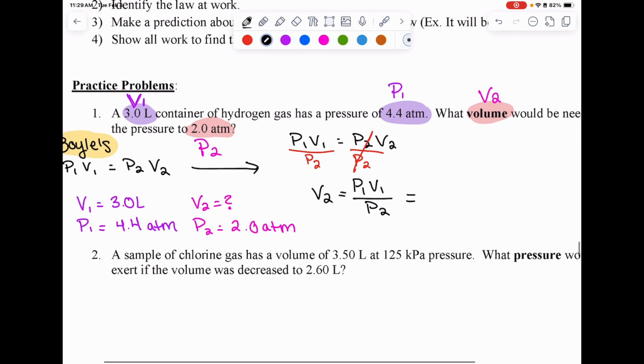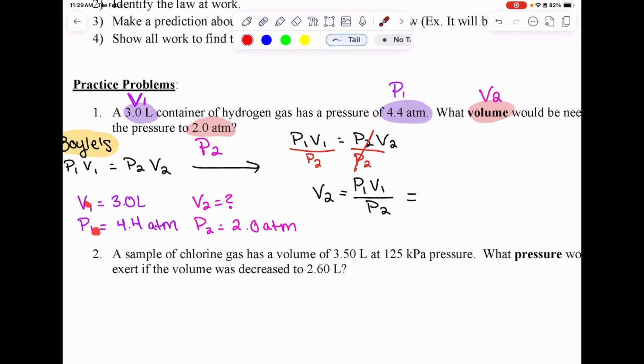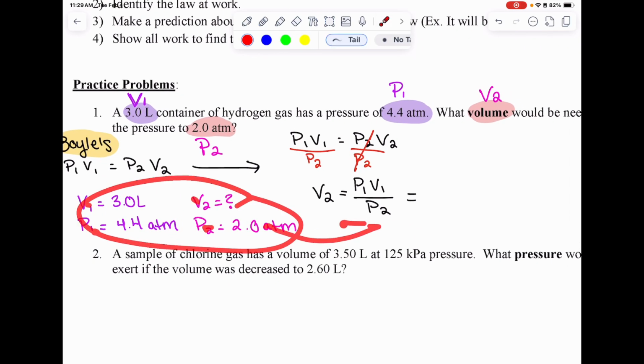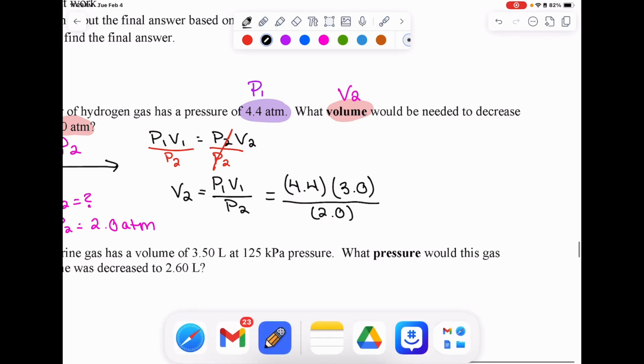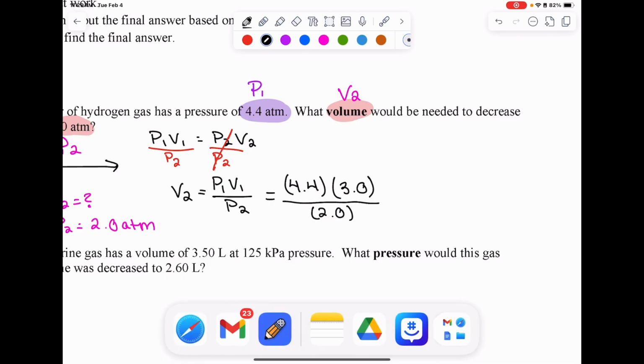And if I can plug in each of these over here into this equation, P1 is 4.4, V1 is 3.0, P2 is 2.0. So plugging that in, now let's go ahead and pull up our calculator.